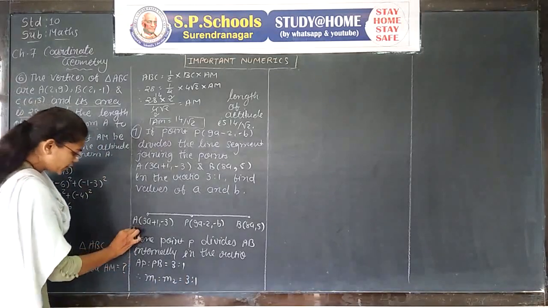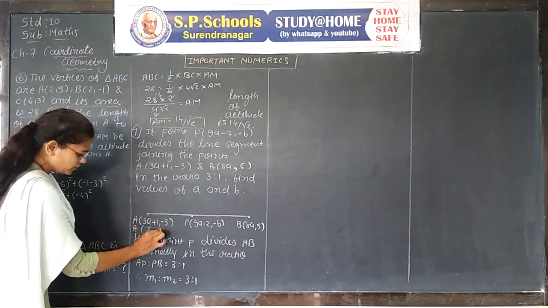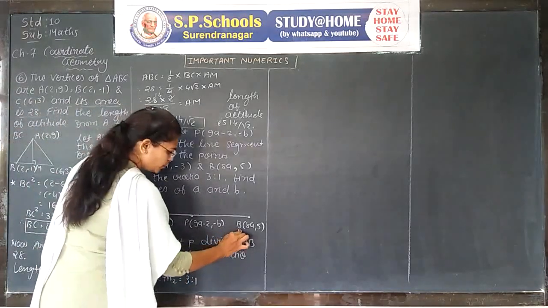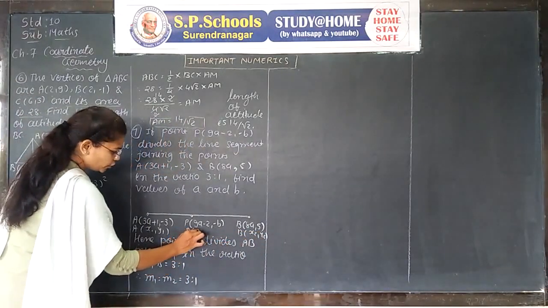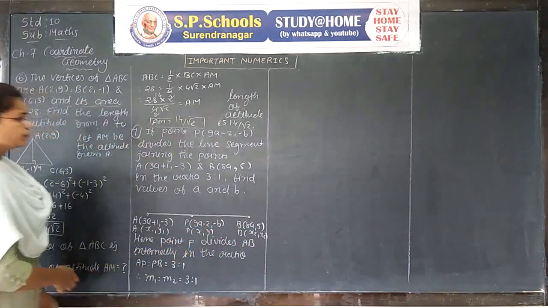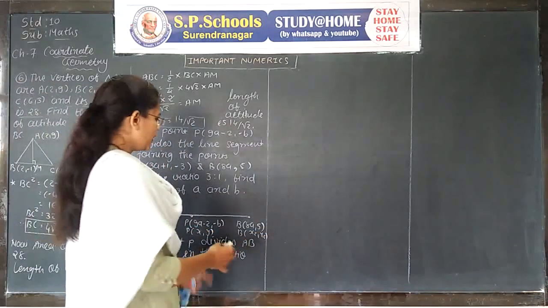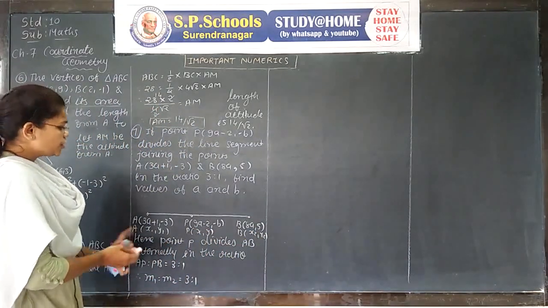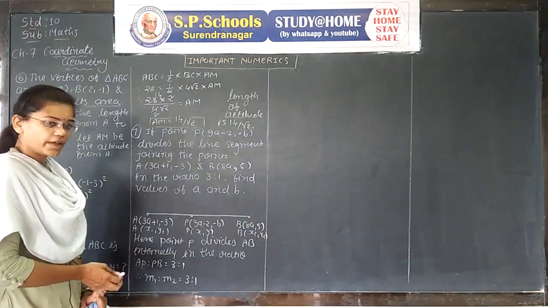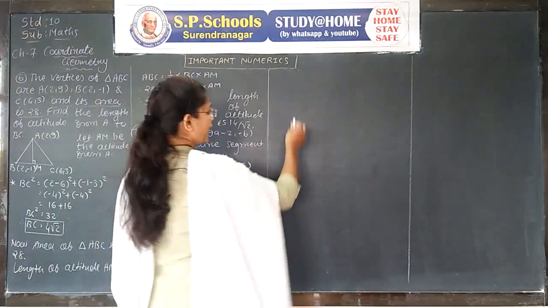The first point A is called x1 y1, the last point is called x2 y2, and the point of division is called xy. We are applying the section formula here. Since the ratio is given, we are using the formula in terms of m1 and m2.